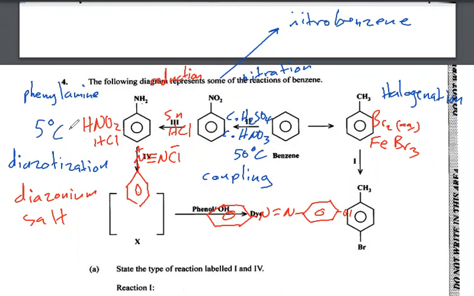If I say below 10 degrees, it wouldn't be wrong, because that's what is in the study guide. Depending on the source, some will say below 10, and that works as well. Just like nitration of benzene, some will put 50 to 55. It varies a little, but not by a lot.